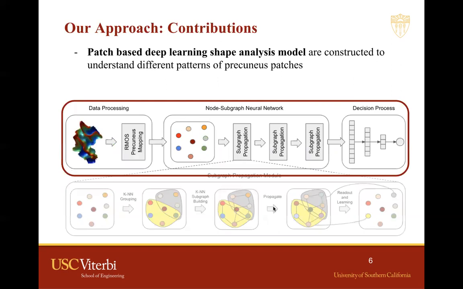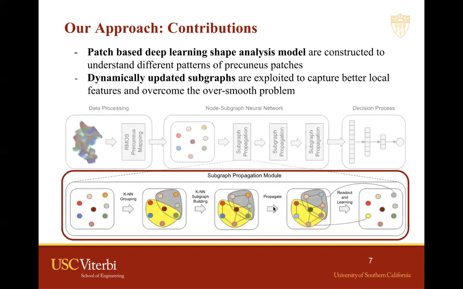Thus, in this paper, we propose a dynamically updated subgraph-based approach. The main contributions include two aspects. First, we construct a patch-based deep learning shape analysis model to understand different patterns of precuneus patches. The second is that we propose a dynamically updated subgraph to capture better local features and overcome the over-smoothing problem caused by GCN.